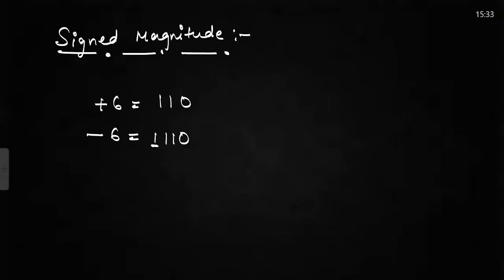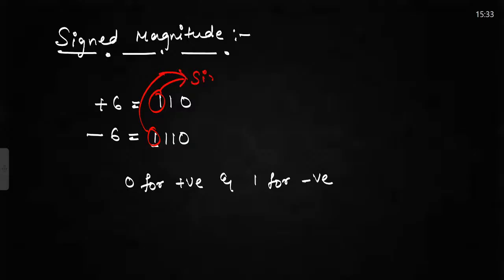So we will have 0 for positive and 1 for negative. That is how we differentiate between positive and negative numbers. This bit we call the sign bit. It represents the sign, which is positive or negative.